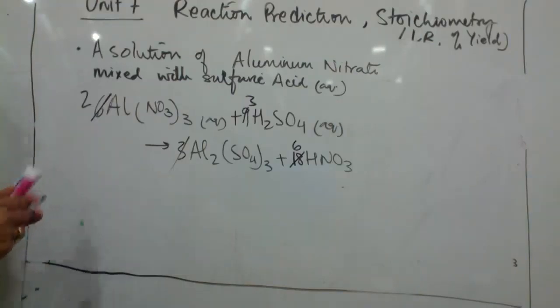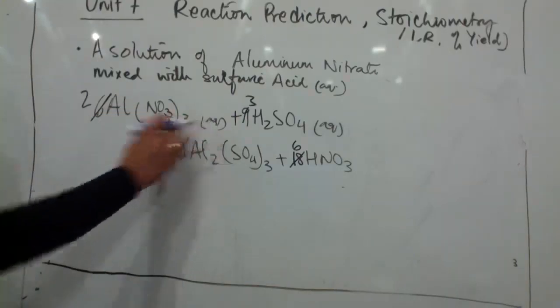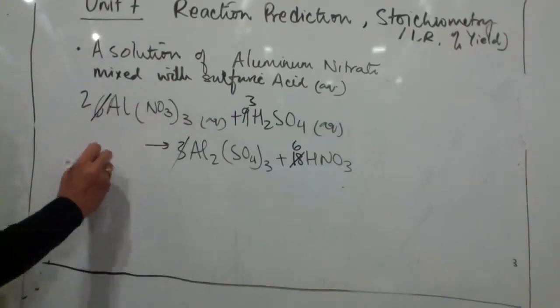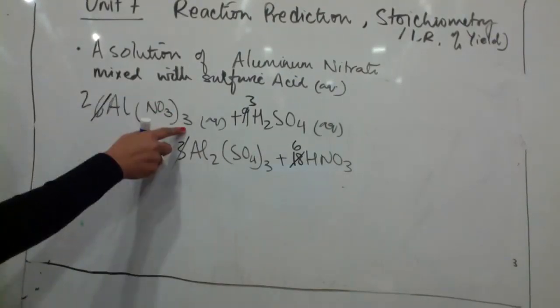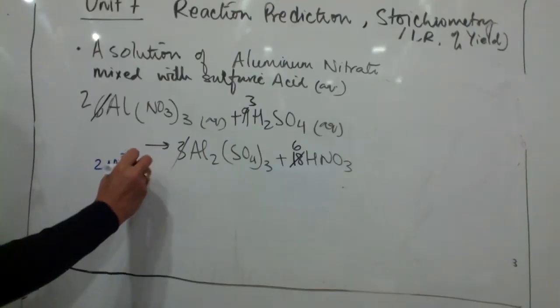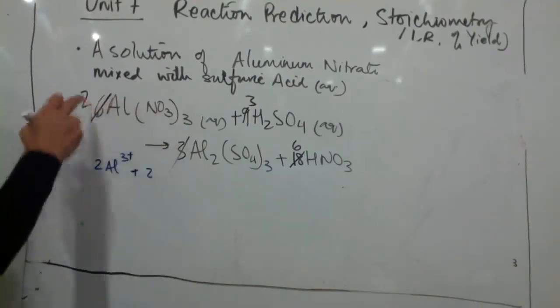Now, if you had to write its net ionic equation, we'll go to solubility rules. Aluminum nitrate is aqueous, so we will dissociate it. So it'll be 2Al3+. Now we'll be writing the charge. So this charge is of this, plus 2 times 3. So these two get multiplied.